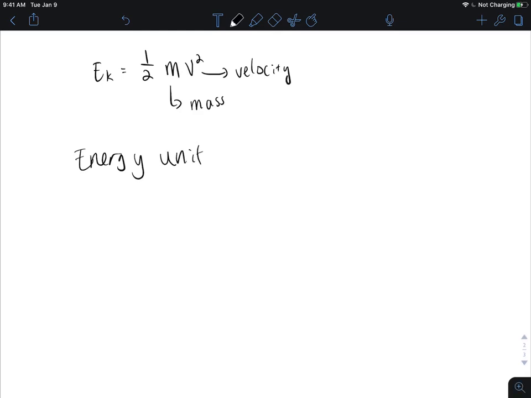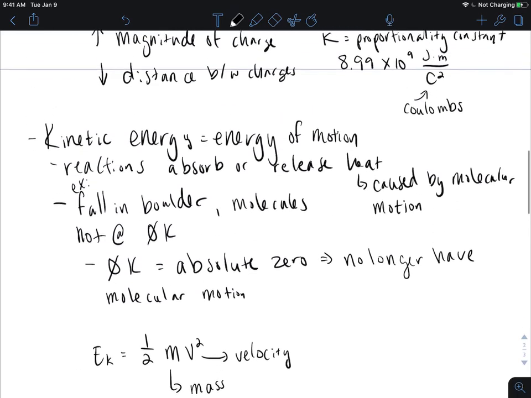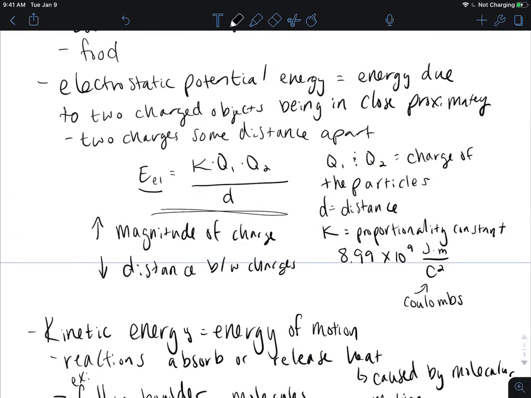So what units we are going to be solving for when we're thinking about our equation. We will not solve for this, we will not solve for our electrostatic potential energy. You just have to understand how that equation works.